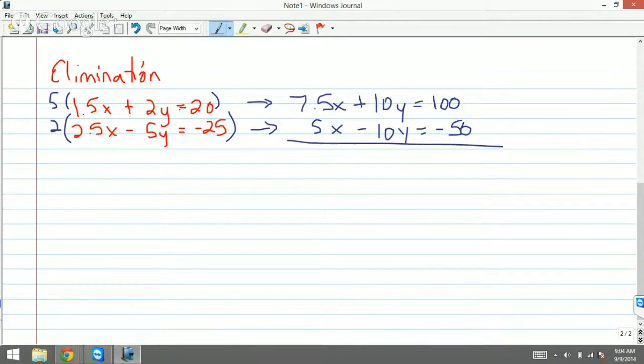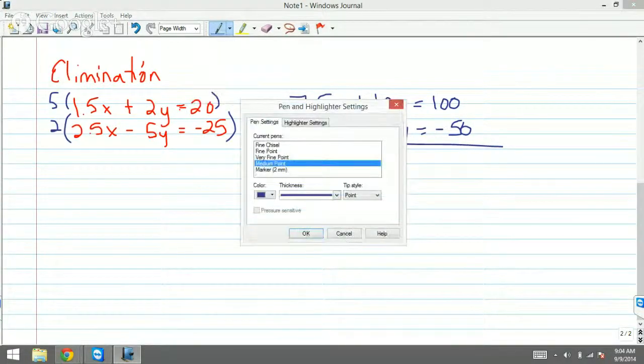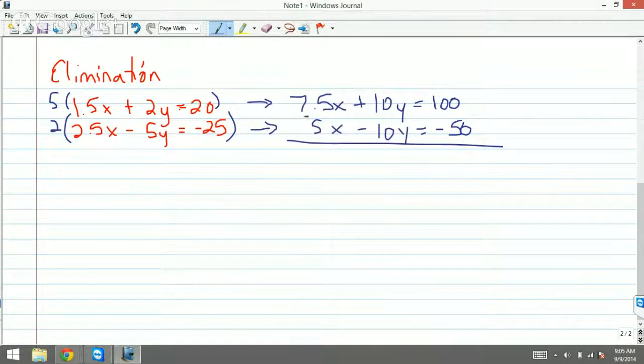Add or subtract? Add. Why? 10 minus 10 is already 0. Okay, good. You're going to add because those are different by a sign. Right there. Here's your sign. I did. You're correct. What do we got? 12.5x equals 50.